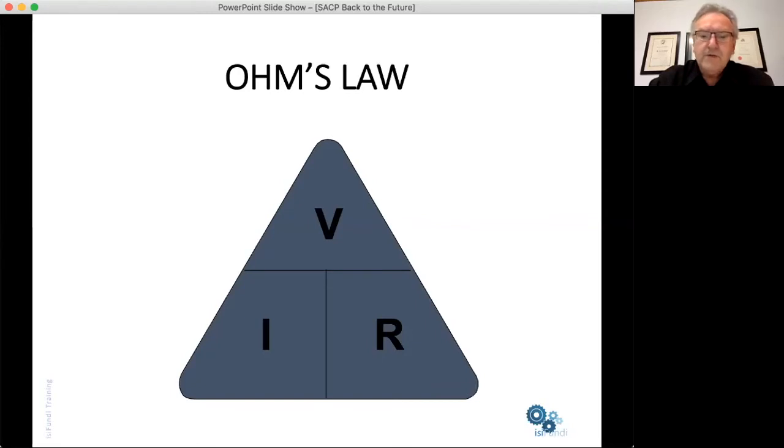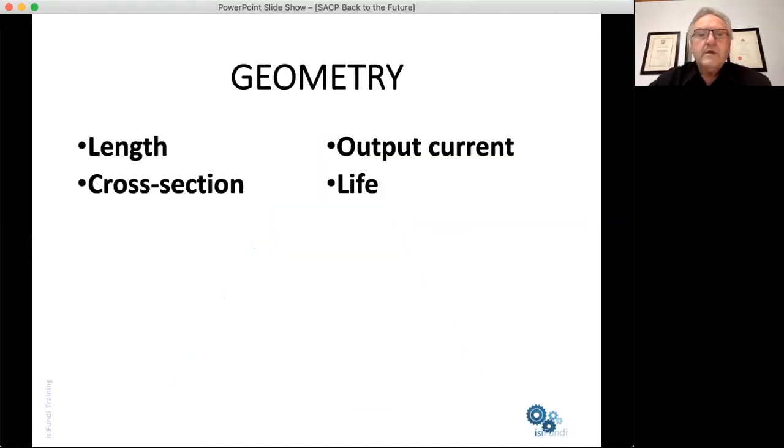And that resistance represents the resistance of the anode to ground and the resistance of the actual pipeline. The anode itself has resistance which is primarily related to geometry over and above the electrical characteristics of the ground, or in fact even the water that it is immersed in.